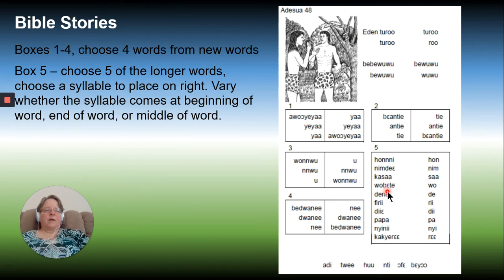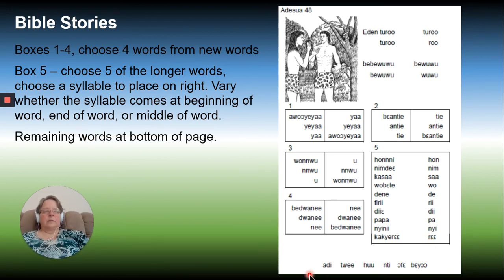Like here, you might have done be instead of woe, but just to have something in the middle. But once again, keep in mind that you've got a variety of places within the words, and a variety of different syllables that you're drilling here. And the remaining of the words are going to go at the bottom of the page. That's about all there is to that.